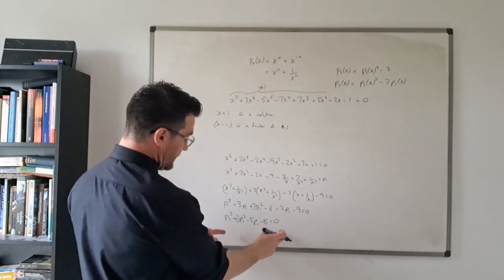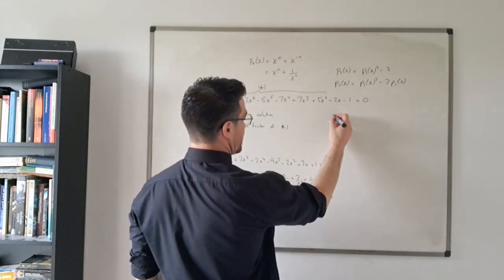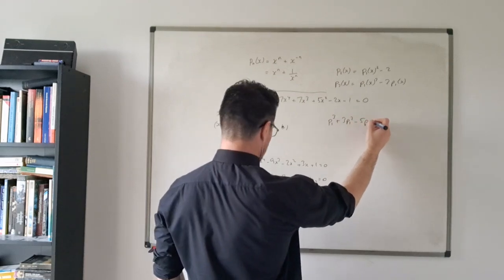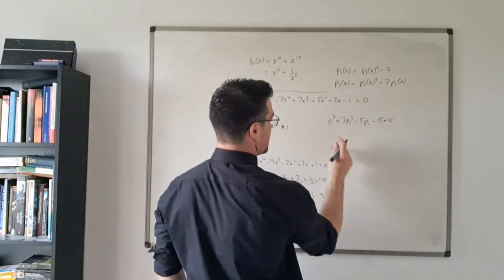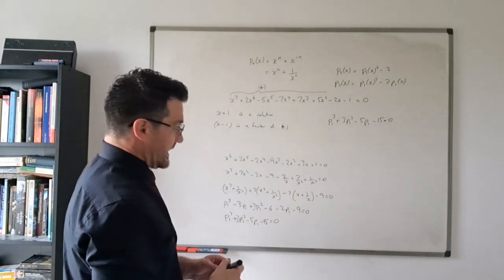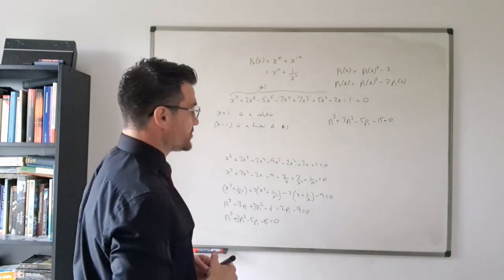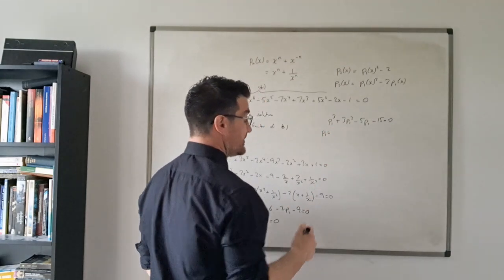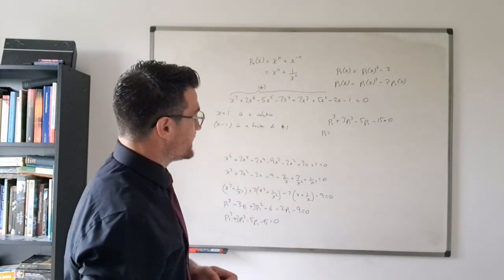So we've got a cubic, P1 cubed plus 3P1 squared minus 5P1 minus 15 equals 0. Again, it's kind of a factor theorem jobby here. You just got to hunt around a little bit.